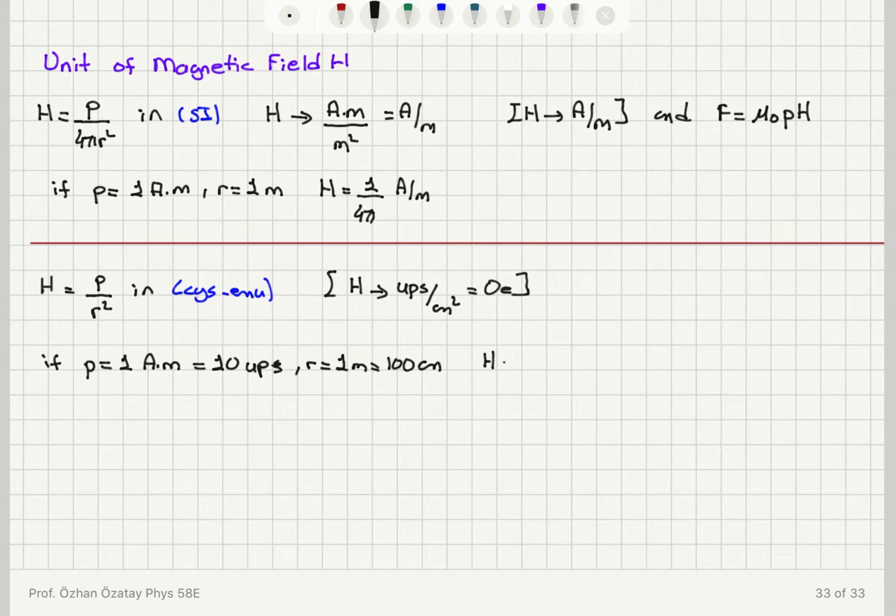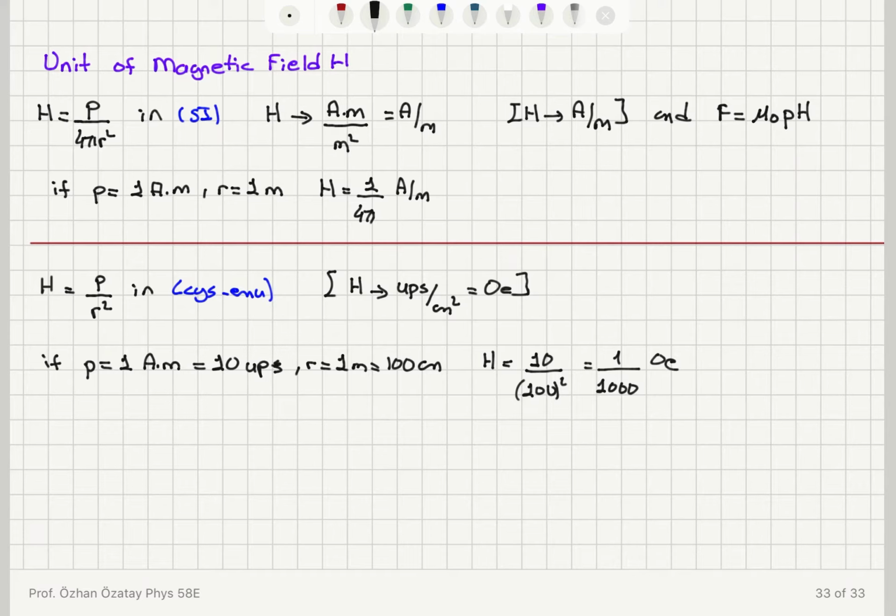Then the magnetic field should be P, which is 10 unit pole strengths, divided by 100 centimeters squared. That is 1 over 1000 Oersted.